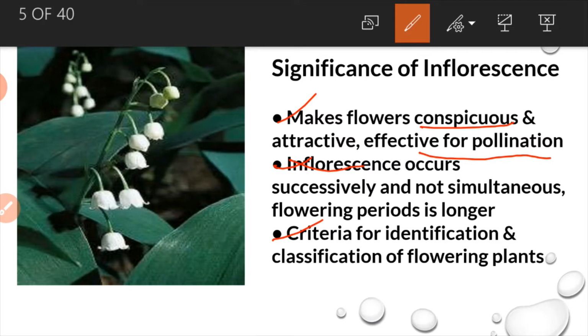By seeing the inflorescence we can classify them. Other advantages of inflorescence are that a large inflorescence also enhances the chances of wind pollination. An insect can pollinate many flowers in inflorescence in a single visit.